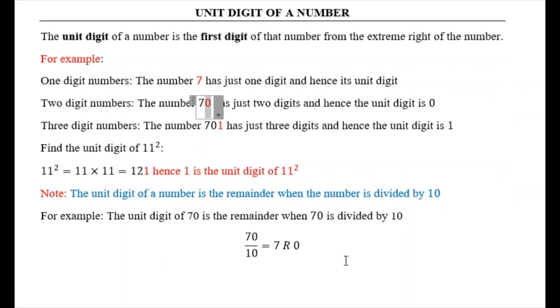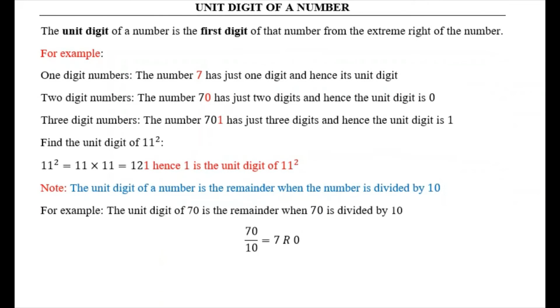Let me take another example to clarify your doubts. Let's take now the number 121. If I divide it by 10, in point form you get 12.1, but let's write it as the quotient and the remainder, that is what you get and what remains.